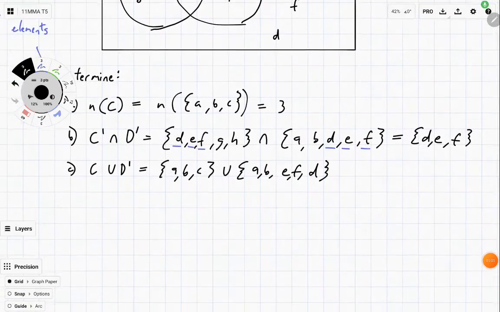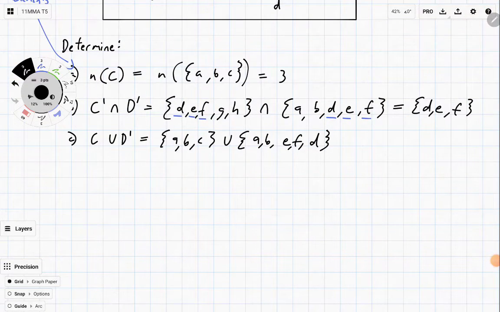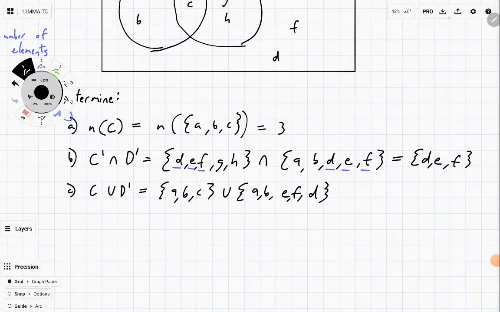Now for the OR operator, once we actually have the set written down, instead of only looking for the intersections, we just look for all elements. We're going to keep everything. So a, b, and c from here. We can skip over a and b because we've already highlighted them, and then d, e, and f from the second set, and that's going to give us the full set a, b, c, d, e, and f.